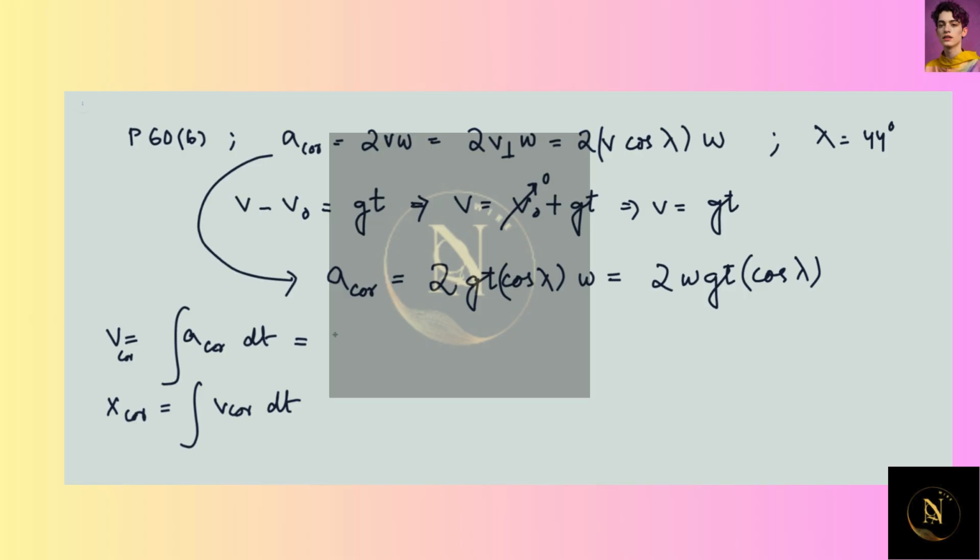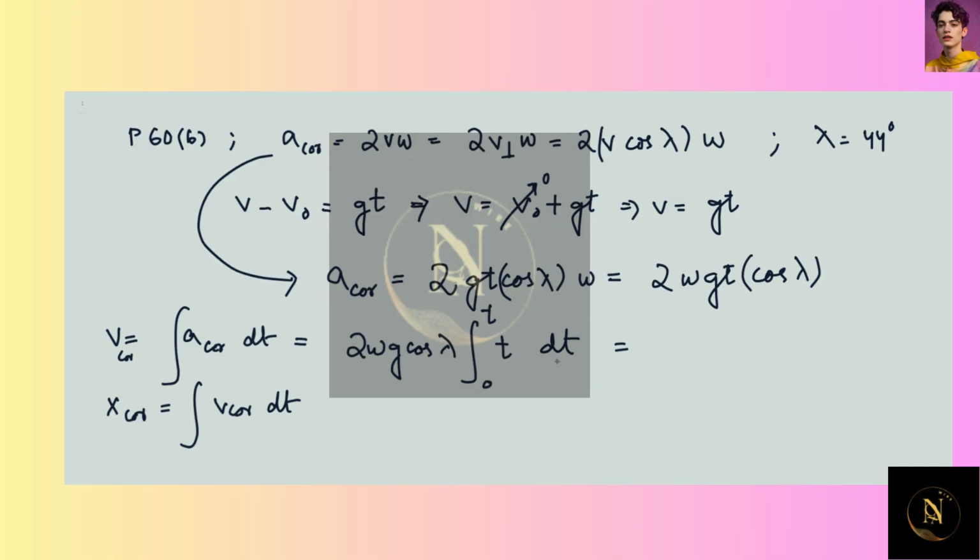So we have a Coriolis to be equal to 2 omega g cos lambda. Since this part is a constant, we can take it out of the integration. Assuming we are integrating from 0 to t, and the initial velocity is 0, this will just be equal to v Coriolis, the final Coriolis velocity.